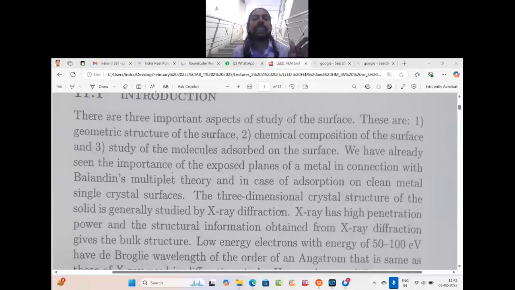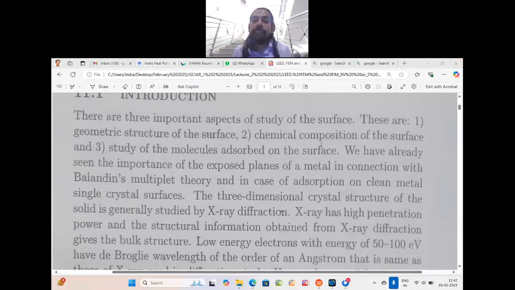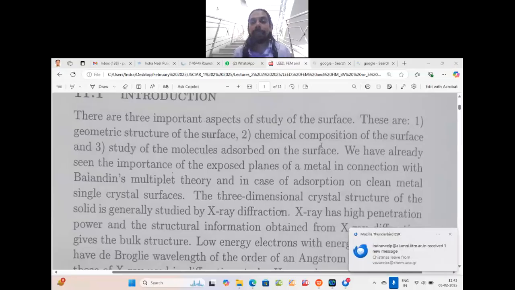Basically, in X-ray photoelectron spectroscopy, what is being detected is the kinetic energy of the electron that is ejected out from the core level of the atom. Yeah, coming back to atom.